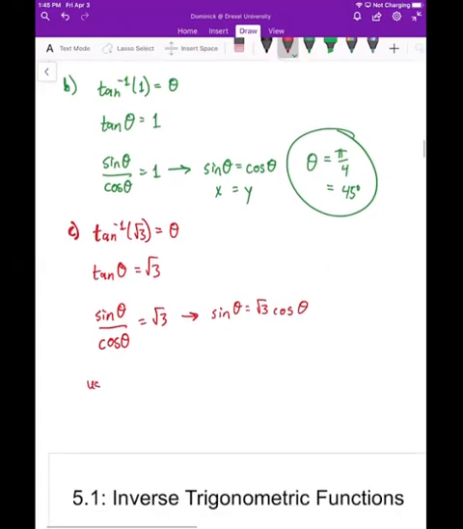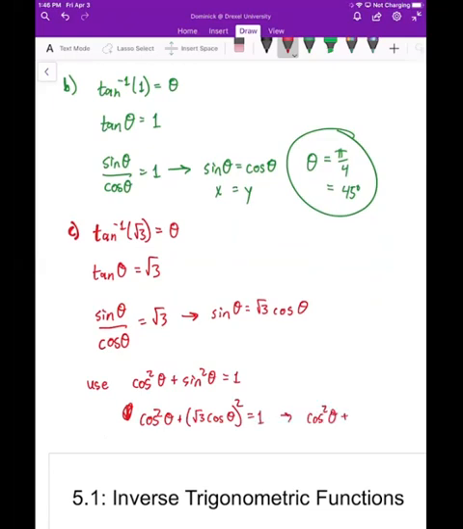Now here we can use cosine squared plus sine squared is equal to 1. If I plug in, I'm going to say cosine squared plus sine squared, which is square root of 3 cosine squared. This gives me cosine squared plus 3 cosine squared is equal to 1.